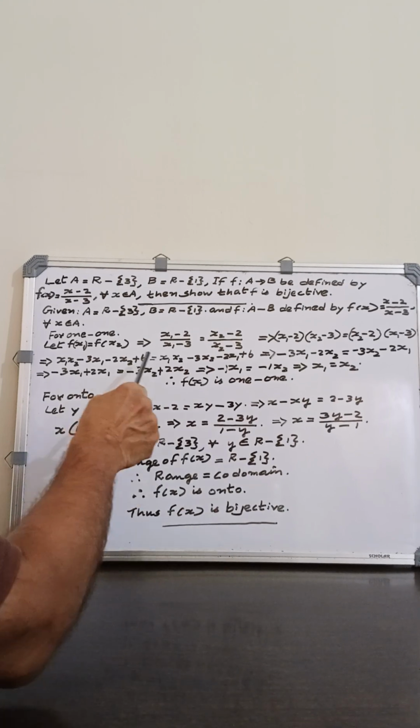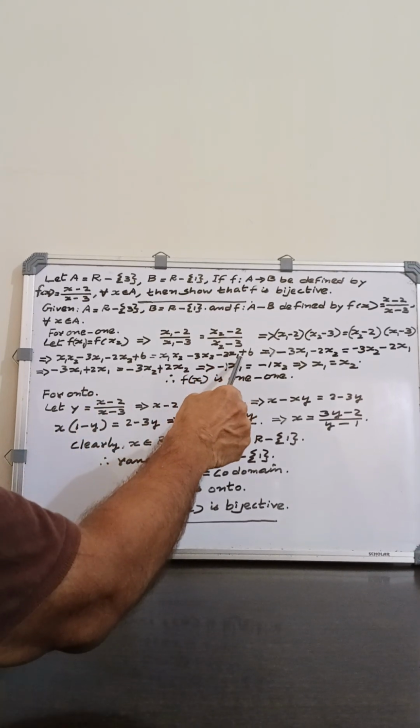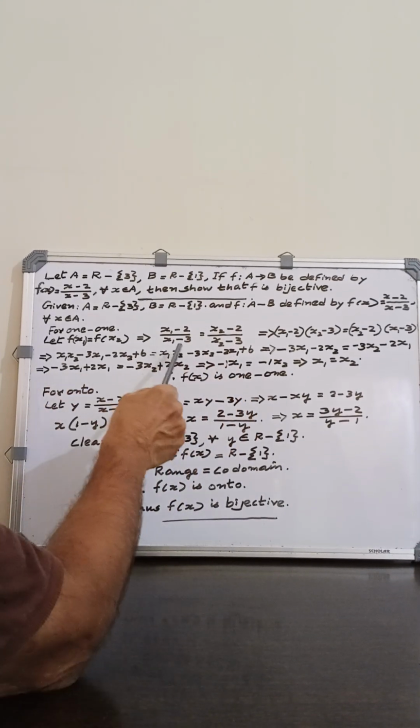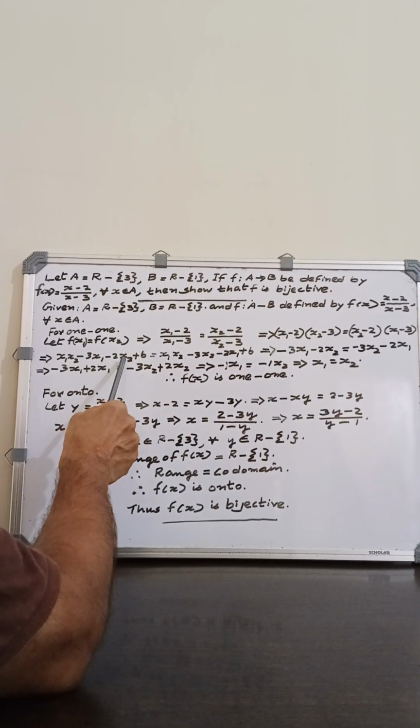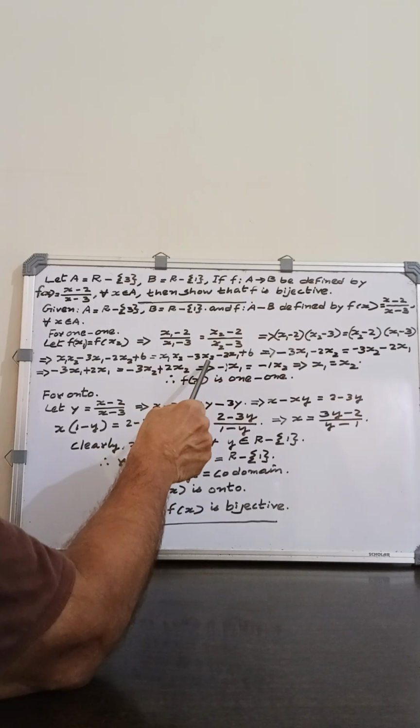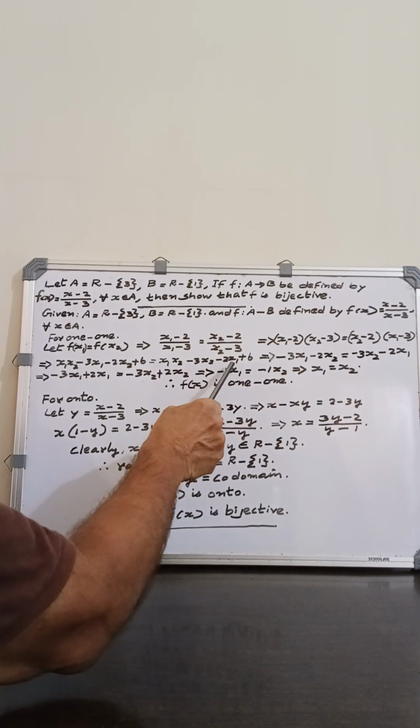That is, plus 6 and plus 6 cancel here, x1x2 and x1x2 cancel here. Therefore, −3x1 − 2x2 and −3x2 − 2x1 remain here.